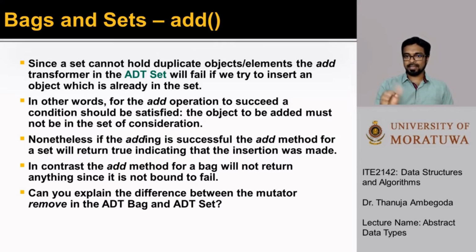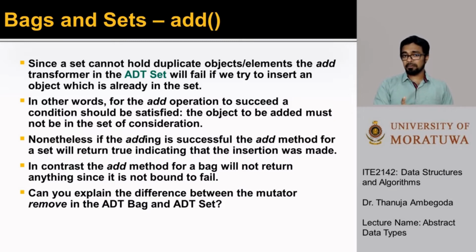Let's say case 1, the object is not in the set, then you call the add method. For a new object, you add that object. So the precondition is satisfied, the object is not in the set. After adding that object, the add method returns a value true in this case because it was successful.